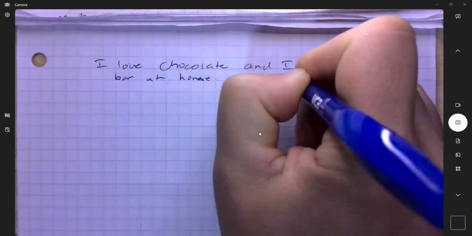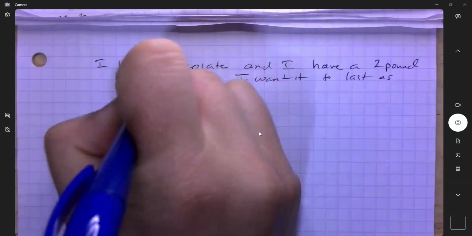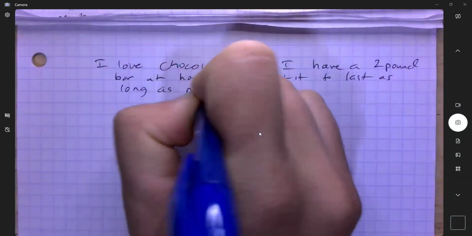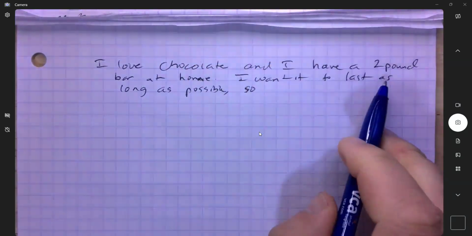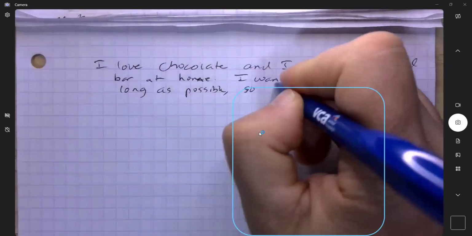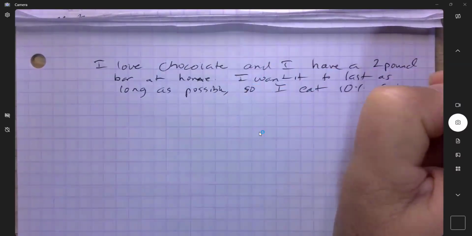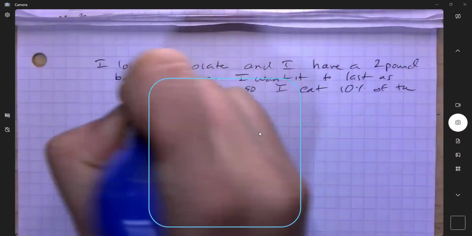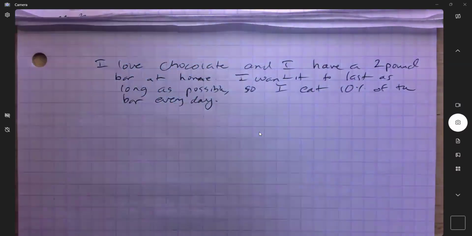I want it to last as long as possible. So instead of eating 1 ounce every day, that would be linear, I eat 10% of the bar every day.